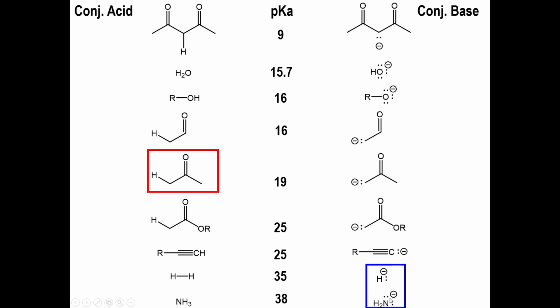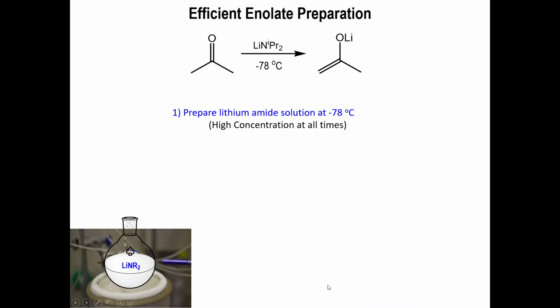And for that matter, it's also strong enough to do that to an aldehyde, to an ester, to even a nitrile. So you have a lot of options available to you if you use the deprotonated amine.